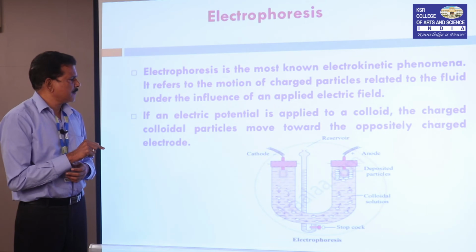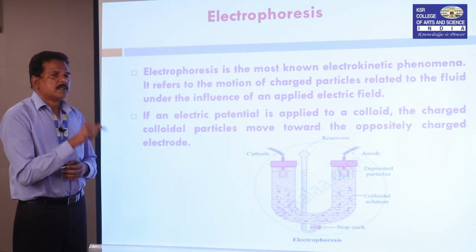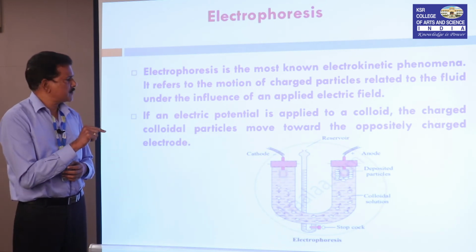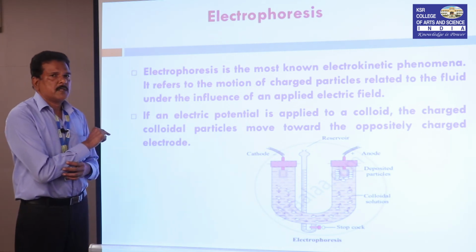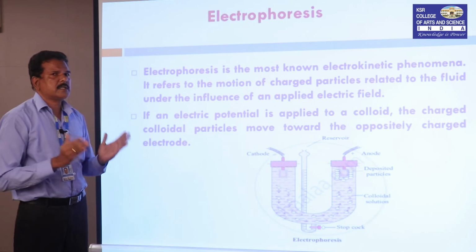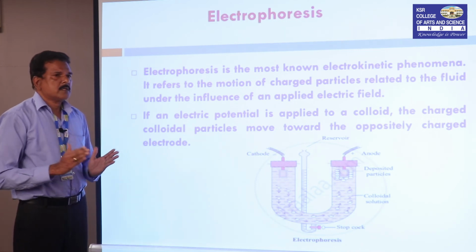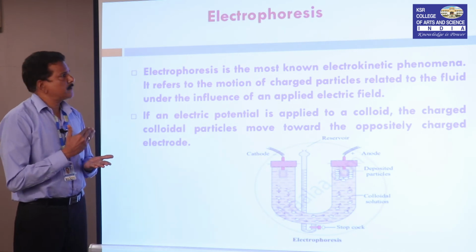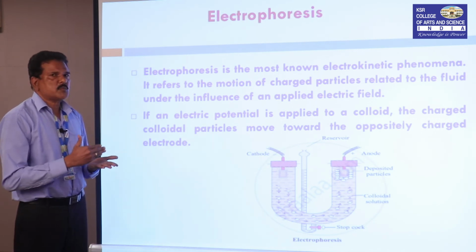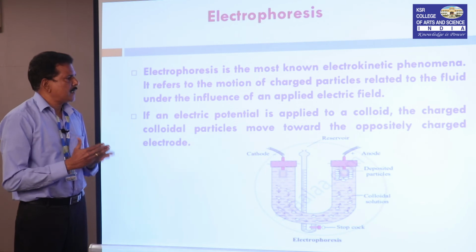Positive particles move towards the cathode and negative particles move towards the anode. He also observed two classifications: movement towards the cathode is said to be cataphoresis, and movement towards the anode is said to be anaphoresis.